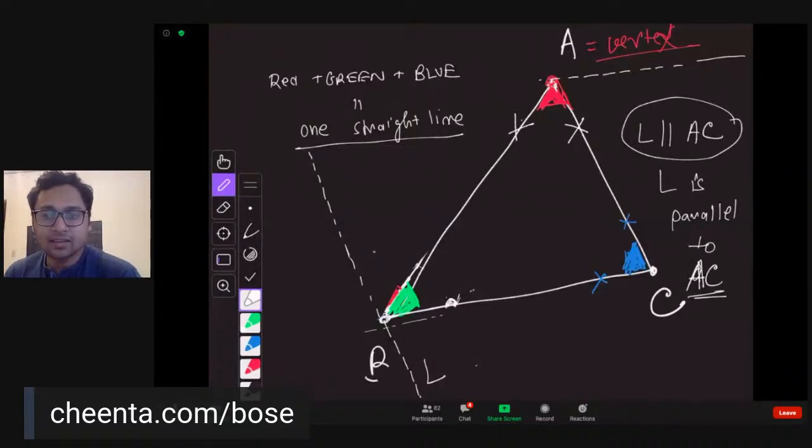So the question is, how would you use this parallel line to prove what you want to show? It's actually very simple.